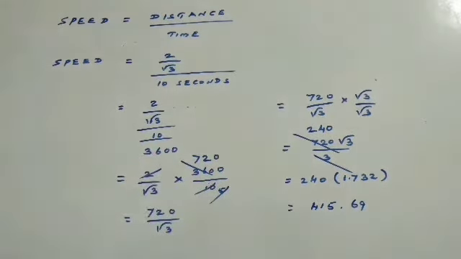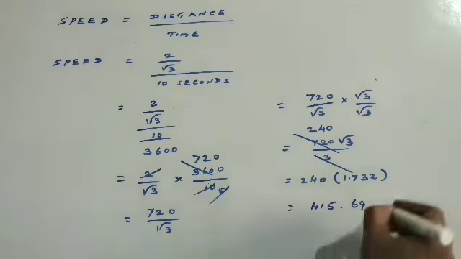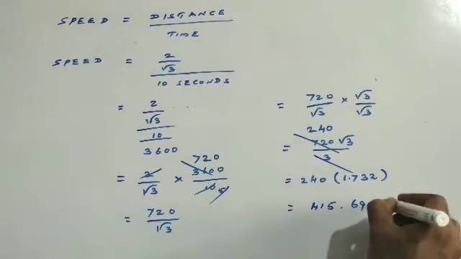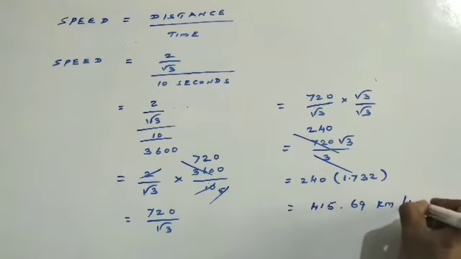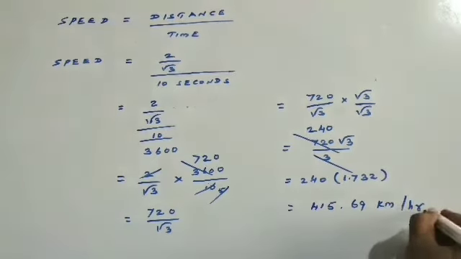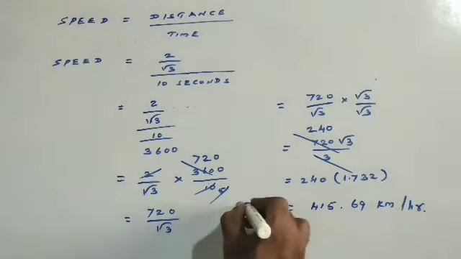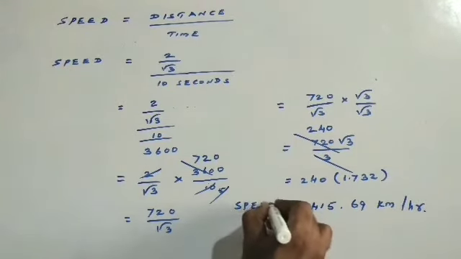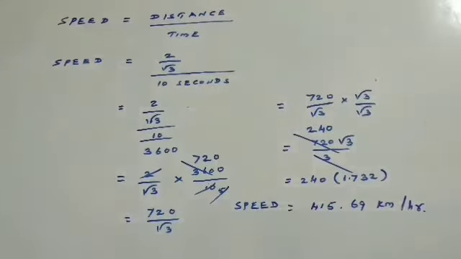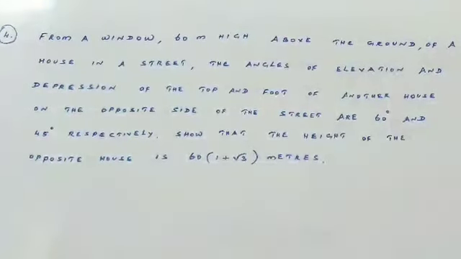In speed we have to mention the unit, that is kilometer per hour. So on the left side just write speed. Speed of an aeroplane is 415.69 kilometer per hour.